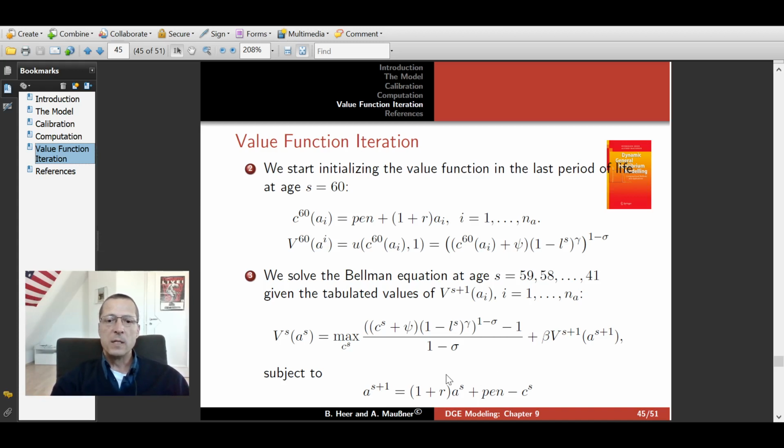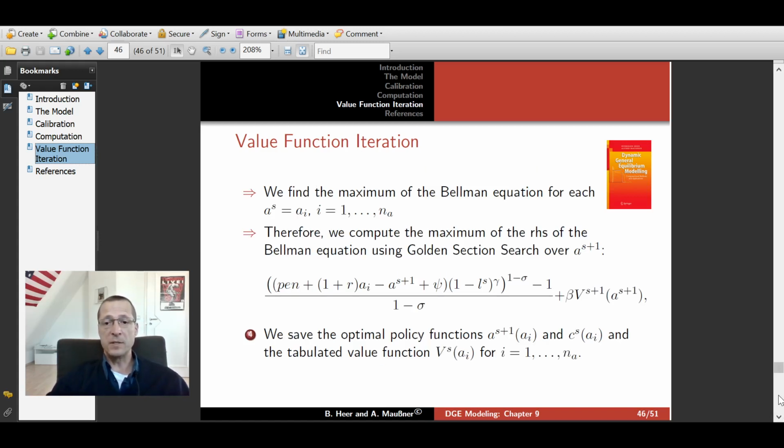So again, we use a grid over the asset space at age 59, A59, our 200 grid points, starting from A59 equal to 0 up to A59 equal to 10, our upper limit of the individual state space. We compute the solution to this value function, so the maximum of the right-hand side of the Bellman equation, with the help of an optimization routine, and that's our golden section search.